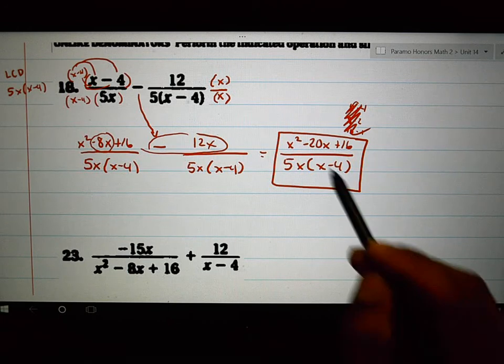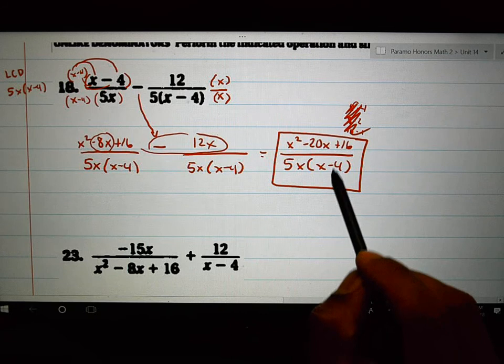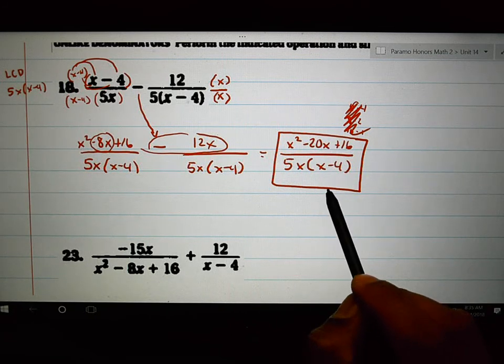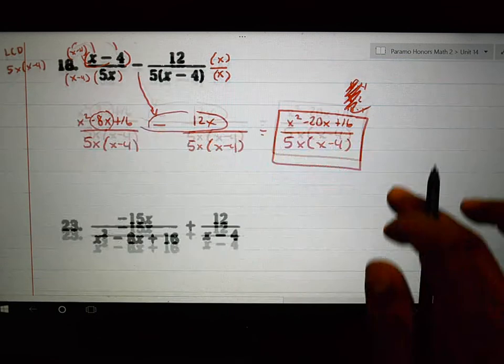The reason why we did not FOIL out the denominator was if the numerator factors and the denominator is factorable, you might be able to reduce it. So we leave it factored just in case it might reduce. Keep that in mind.